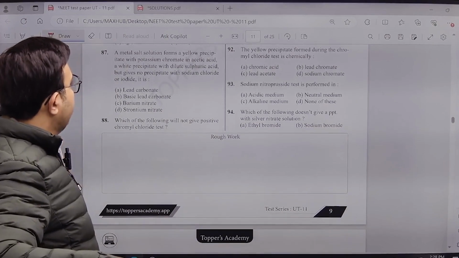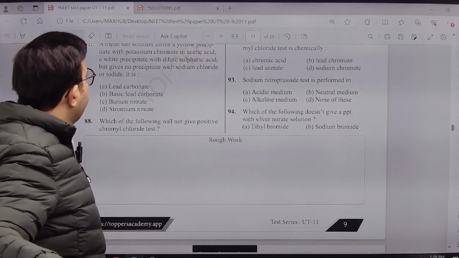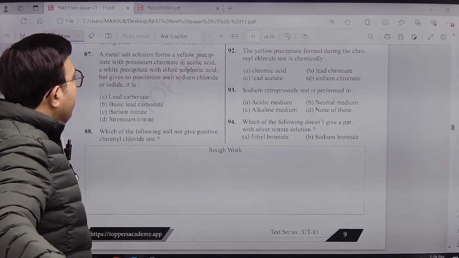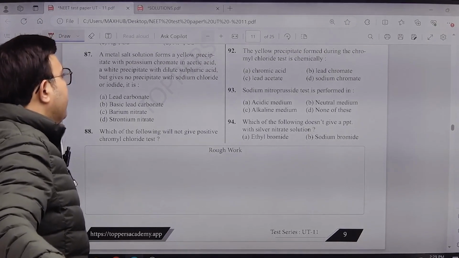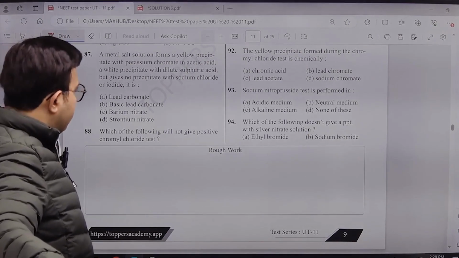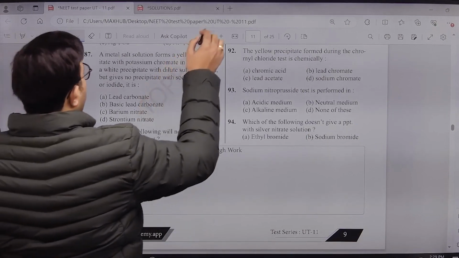Next question is a metal salt solution forms a yellow precipitate with potassium chromate in acetic acid, a white precipitate with dilute sulfuric acid, but gives no precipitate with sodium chloride or iodide.